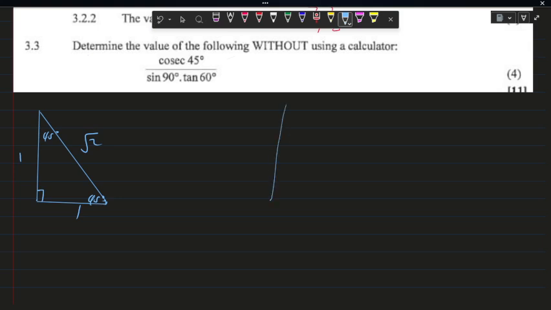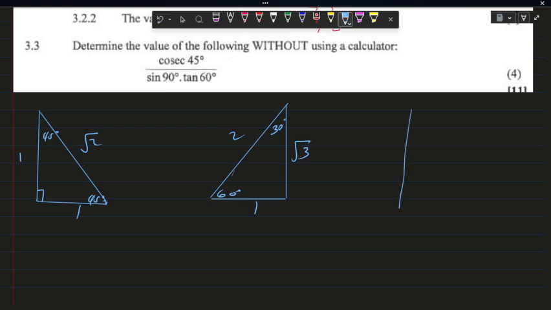And then the other one is the 60-30 one. Okay, so this one looks like that. So this is 60, this is 30. Okay, this is 2, this is 1, and this is root 3.